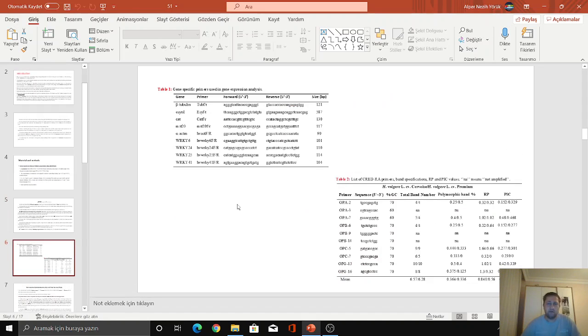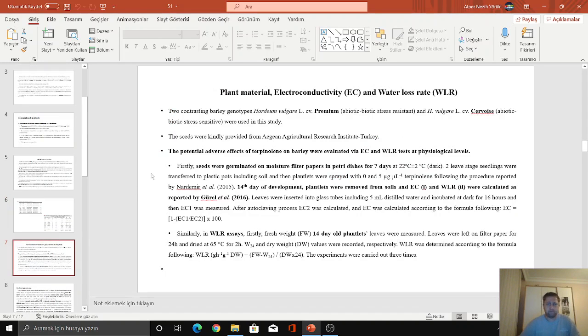Here we see two tables related to gene expression and also CREDRA assays. In plant materials and electroconductivity and water loss rate assays, two contrasting barley genotypes, Premium and Cervoise, were used in this study. Potential adverse effects of terpinolene on barley were evaluated via electroconductivity and water loss rate tests at physiological levels.